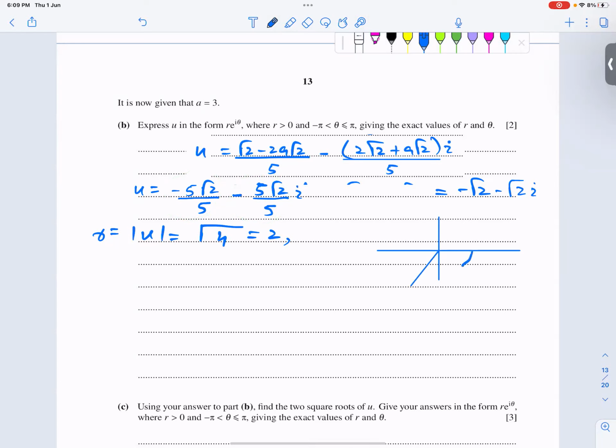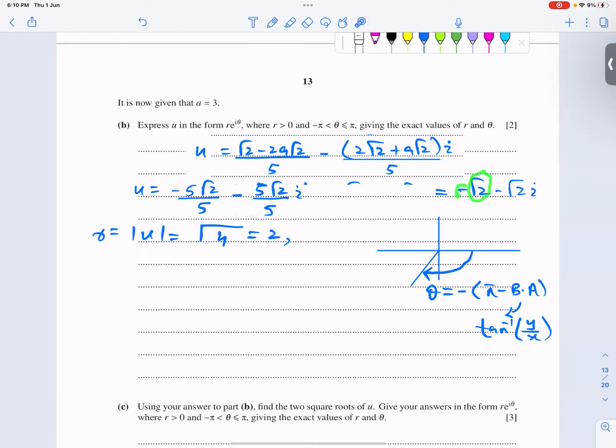And in the third quadrant, theta will be negative pi plus the basic angle, that is, basic angle means tan inverse of y over x. Okay, y means the absolute value of this part, and x is just this value.